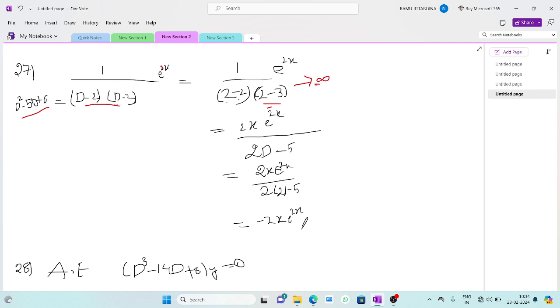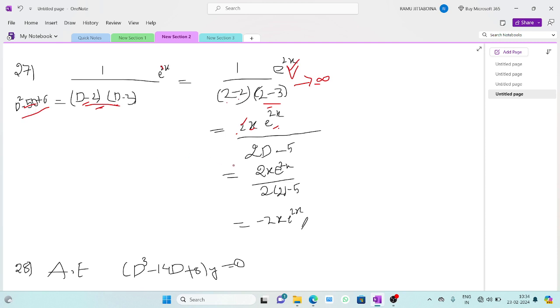So what we do, using the method for finding the particular integral, is multiply with x and differentiate the denominator. If I multiply with x, I get x e power 2x, and we differentiate the denominator with respect to D. We know that (D minus 2) into (D minus 3) is D square minus 5D plus 6.